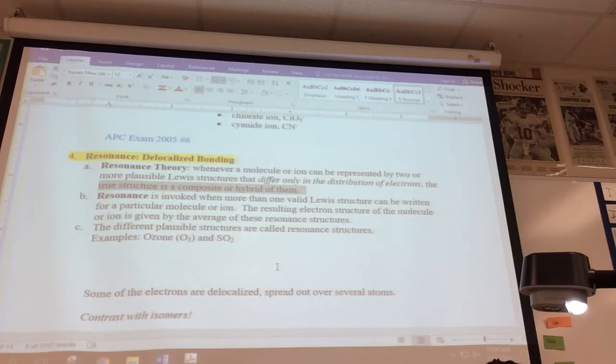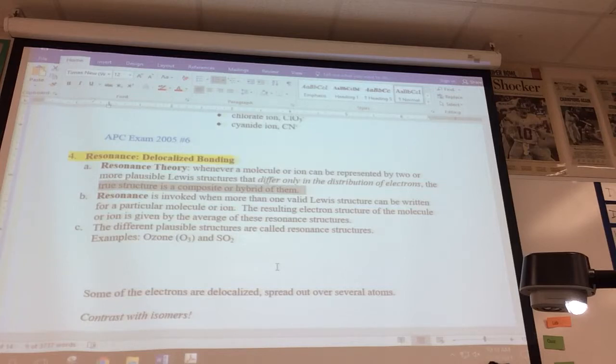But in the case of resonance, I'm 99% sure, we'll double check this, with these resonance structures, their formal charges are going to be consistently as good. So one will not be better than the other. You didn't see resonance previously.